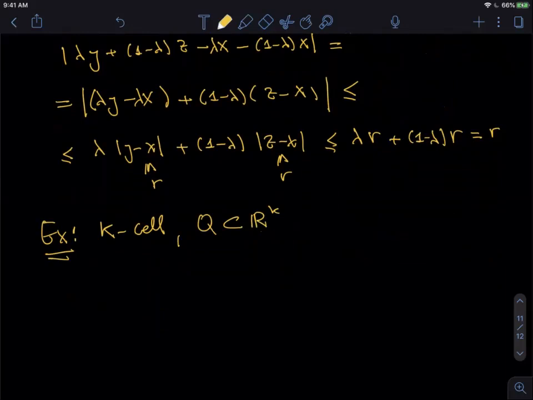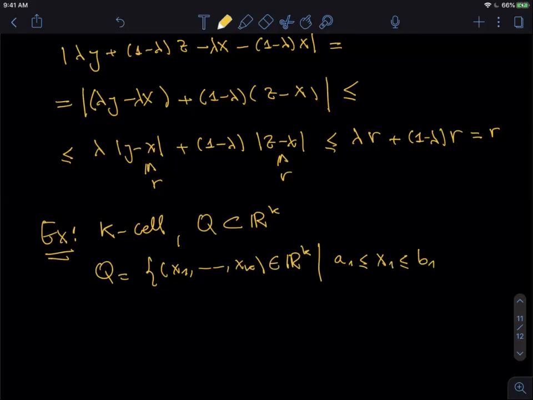The way they are defined is the set of points x1 through xk in R^k such that a1 ≤ x1 ≤ b1. There are quantities a1, b1, a2, b2, and so on, ak, bk that bound each of the coordinates.